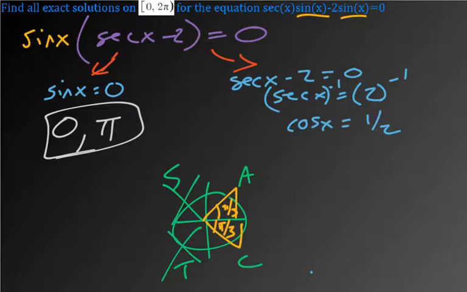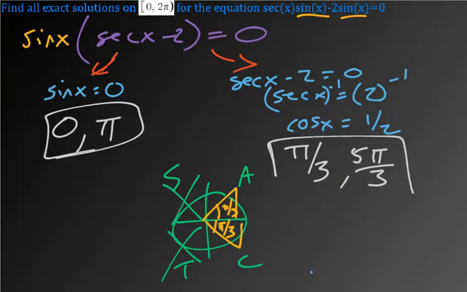And so one of them is just literally pi over 3, right? That's the first one. And then to get this one, I'm just thinking honestly, to go around is 6 pi over 3, right? 6 divided by 3 is 2. And so going 1 back is 5. So this is 5 pi over 3. That's kind of how I think of that one.